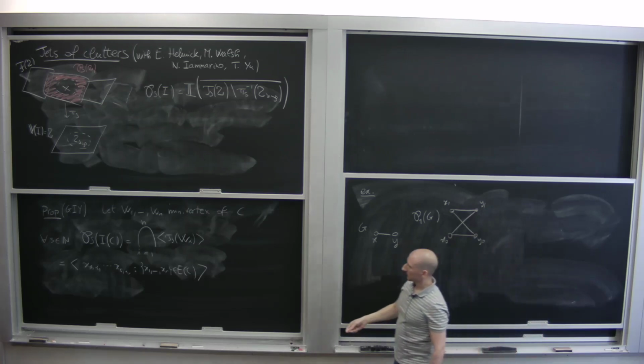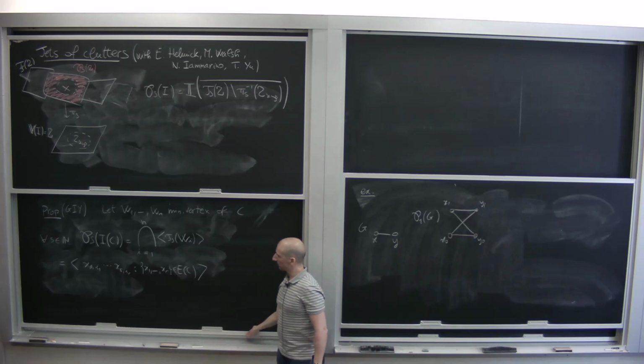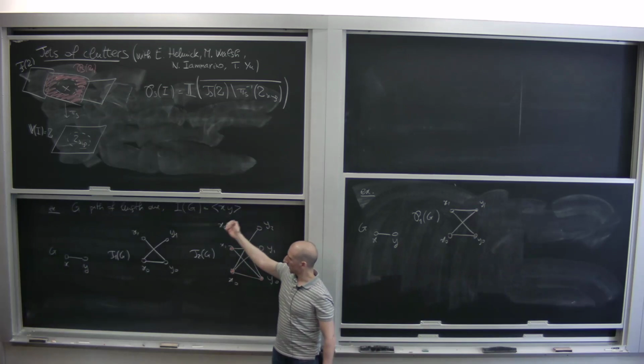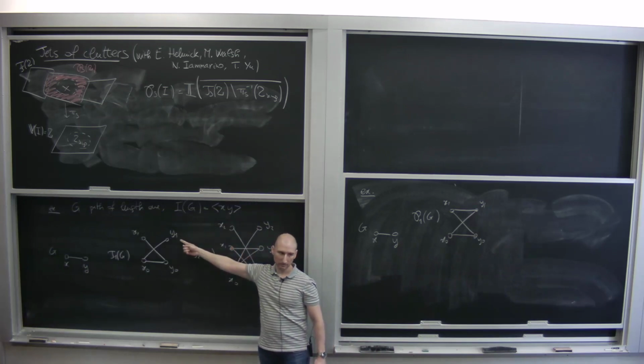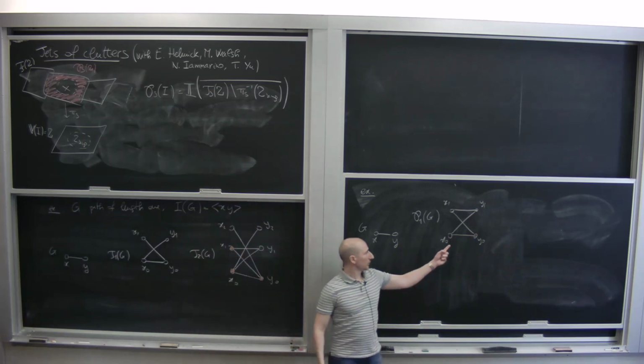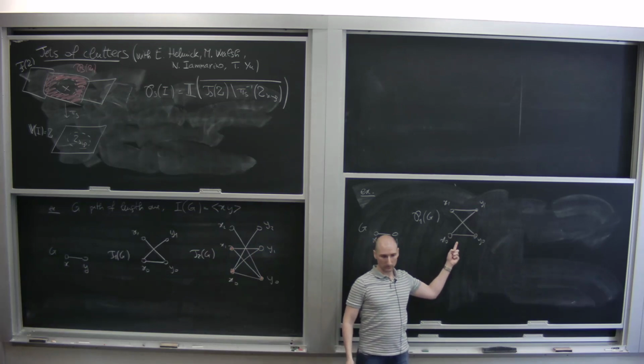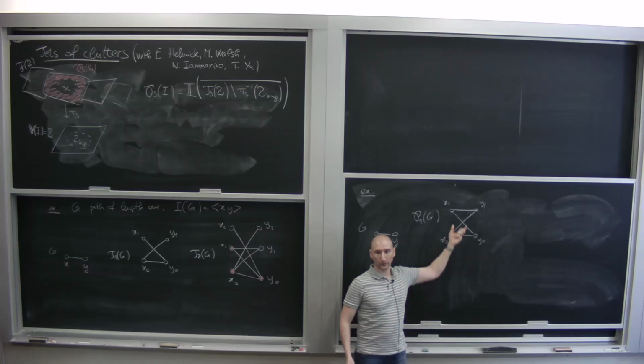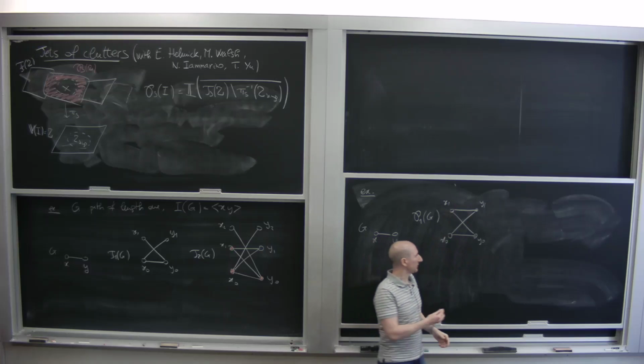So maybe again, not very strategic, but if you want to compare, the clutter of jets has that many edges, the clutter of principal jets has more. But in a sense, it's more in a nicer way. It's more regular. You have all the possible ones going across. So in this sense, it's a little bit nicer.